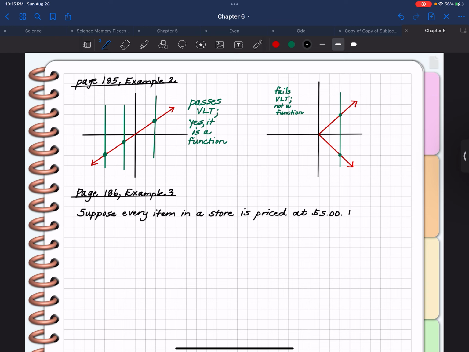Write a function to represent the cost of x items. If you need to pause the video, that's fine to write this down.